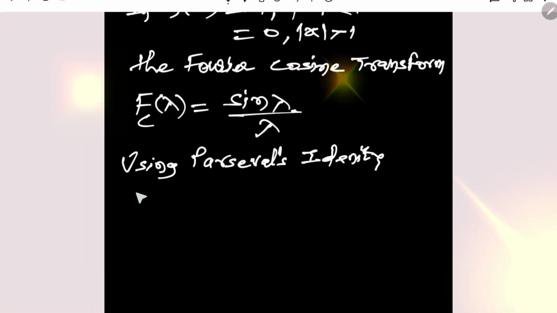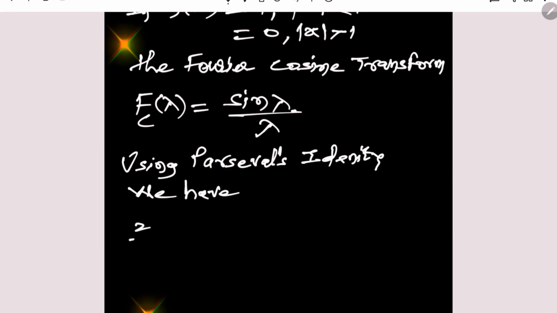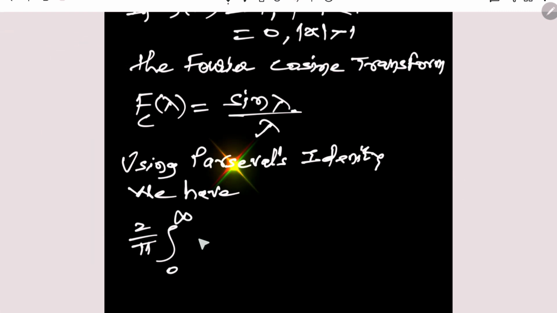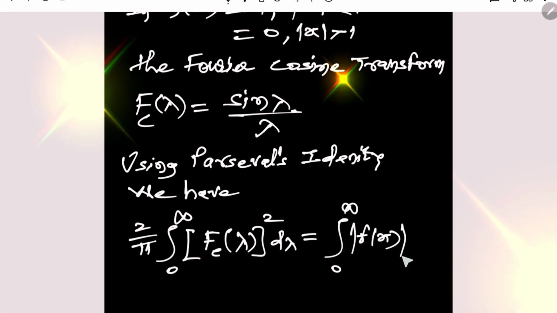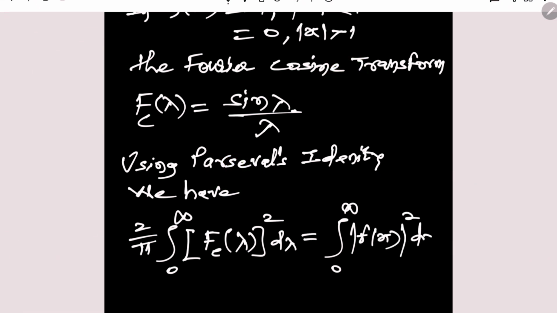We have 2 by pi integral from 0 to infinity of fc lambda squared with respect to lambda equals integral from 0 to infinity of mod f of x squared with respect to x.